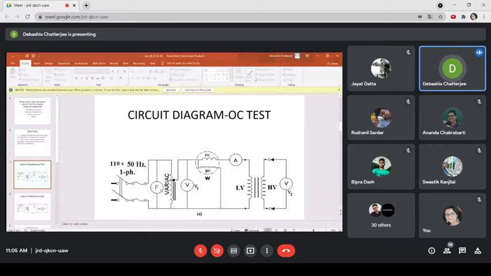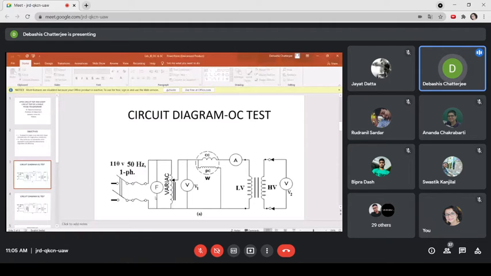One is the frequency meter to determine the frequency of the supply, which is normally 50 Hertz, but to be more precise, we use a frequency meter to calculate the reactance, because reactance depends on frequency. So this frequency meter will help you get the exact reactance.